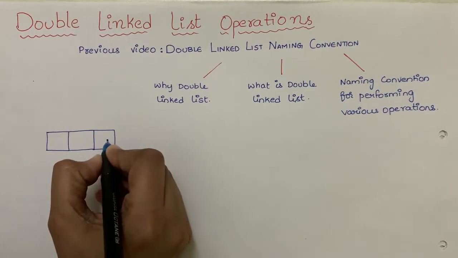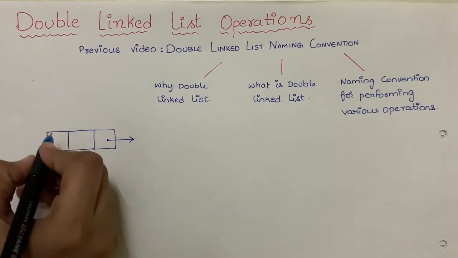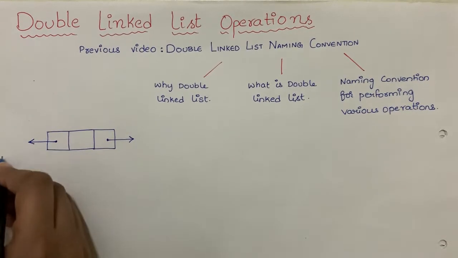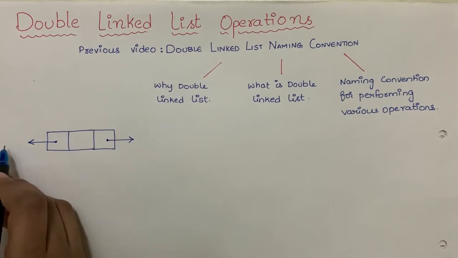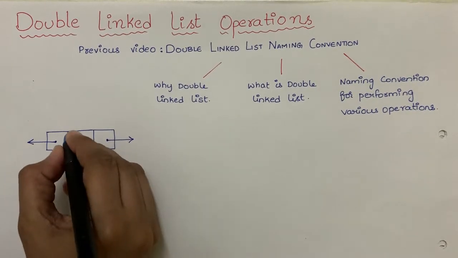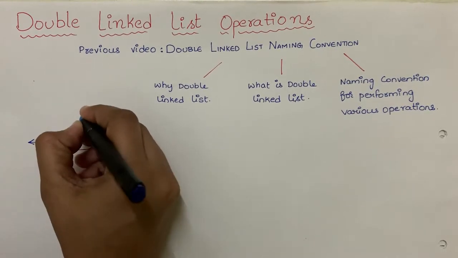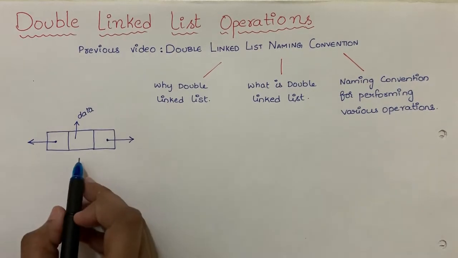One link pointing to the next node which stores the address of the next node, and another link pointing to the previous node which stores the address of the previous node, and the third field which stores the data value.